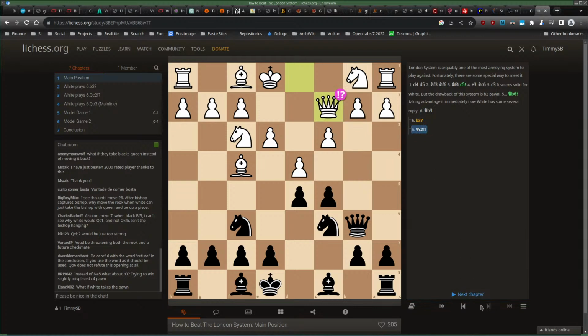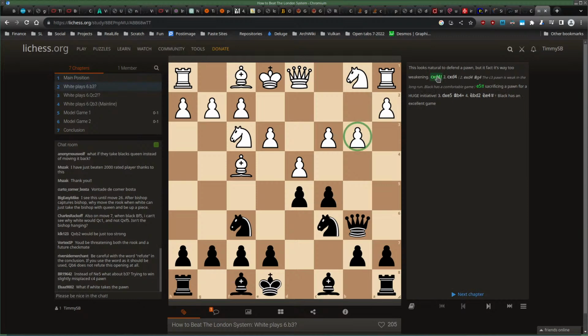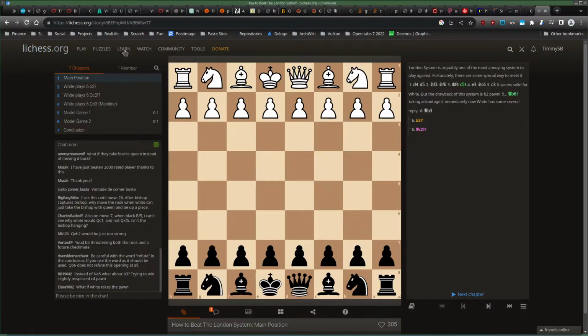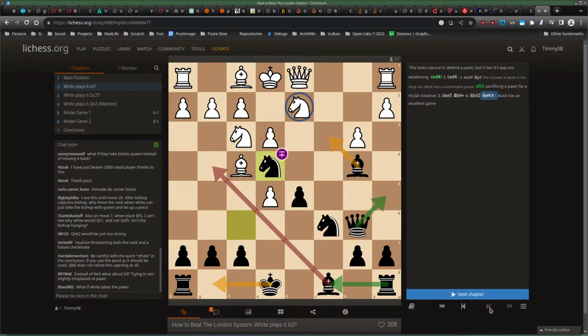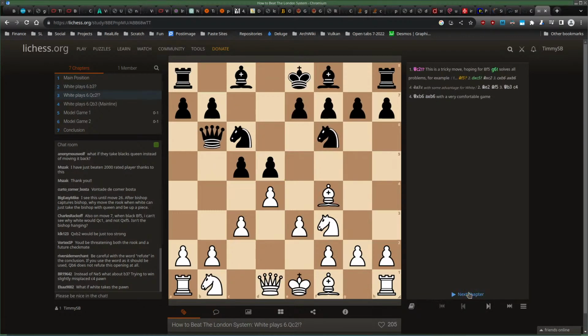So if he plays queen c2, I have to play this move. With an engine. Shit.